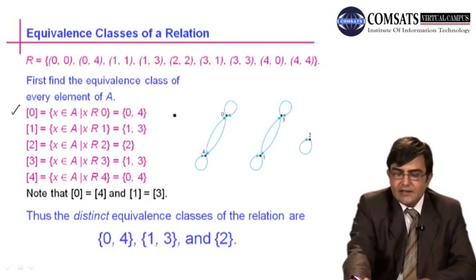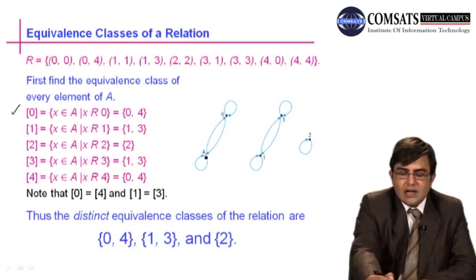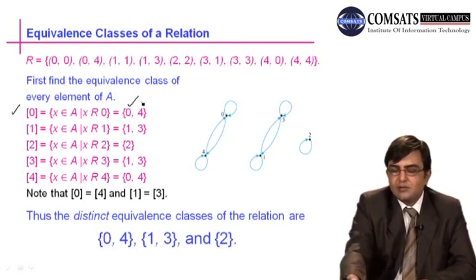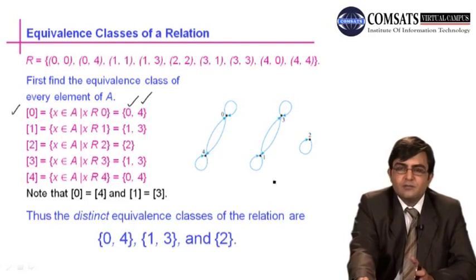Now 0 is related to 0, 0 is related to 4, and 4 is related to 0. So the only elements related to 0 are 0 and 4, because no other element is related to 0.